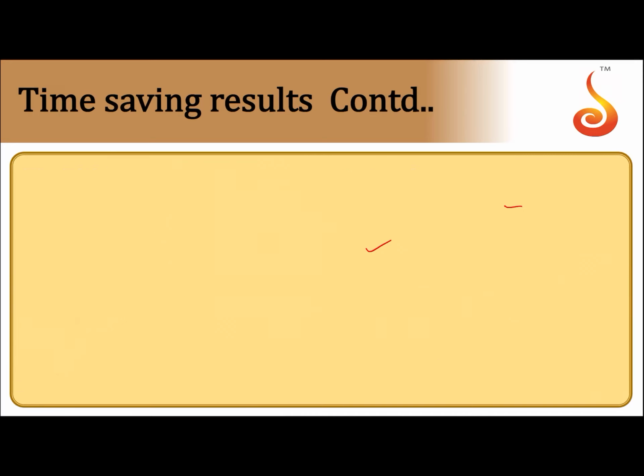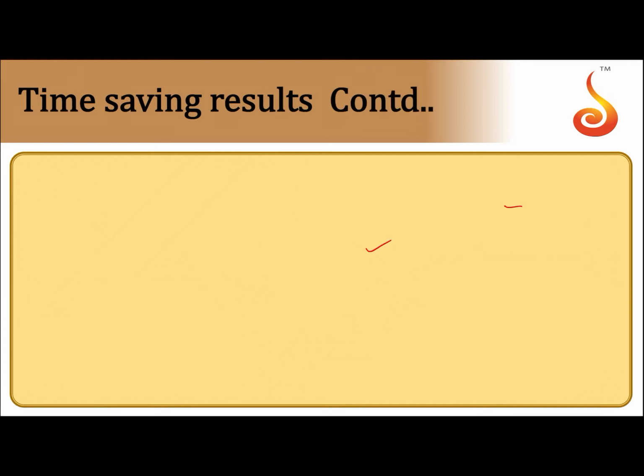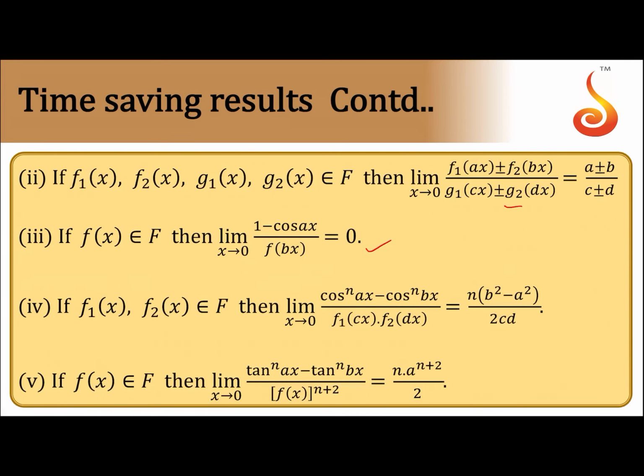So f1, f2, g1, g2 are the functions taken from this set. If they are obtained in terms of sin or tan, sin inverse or tan inverse, you just replace with a, b, c, d, and the limit is a plus r minus b by c plus r minus d.